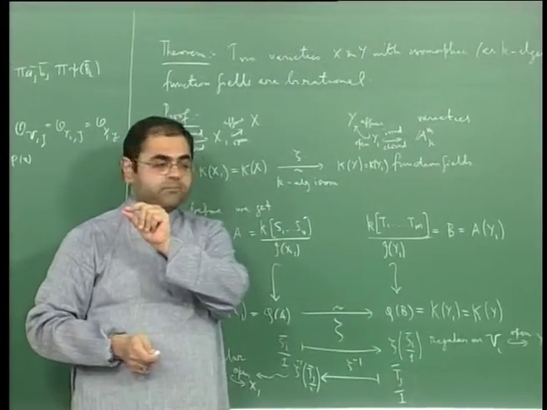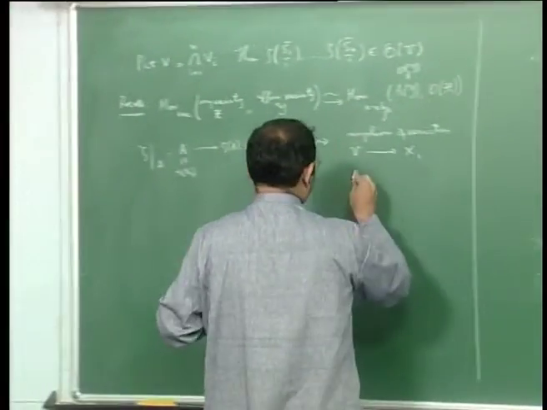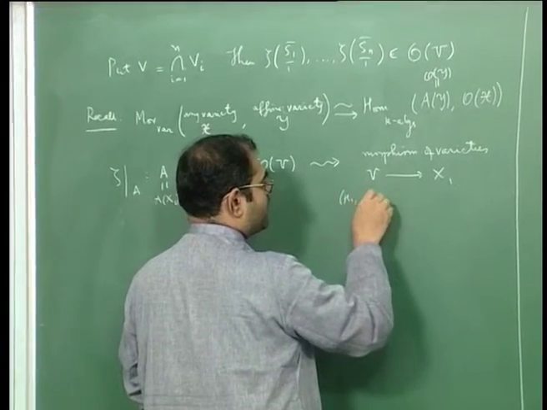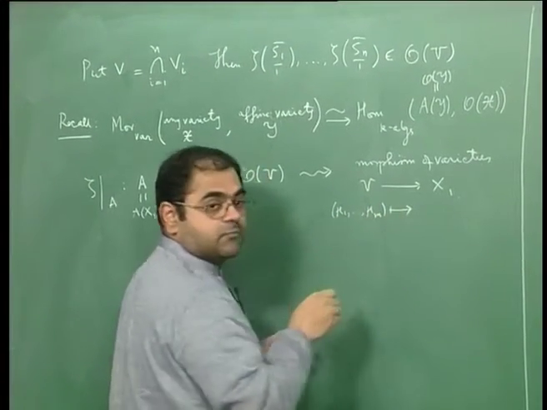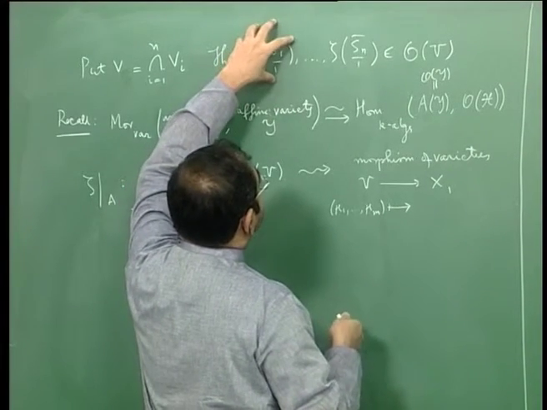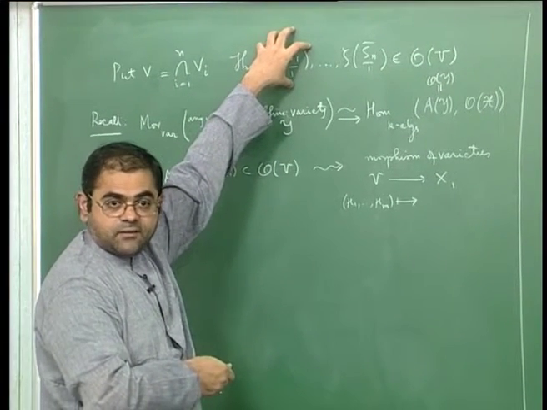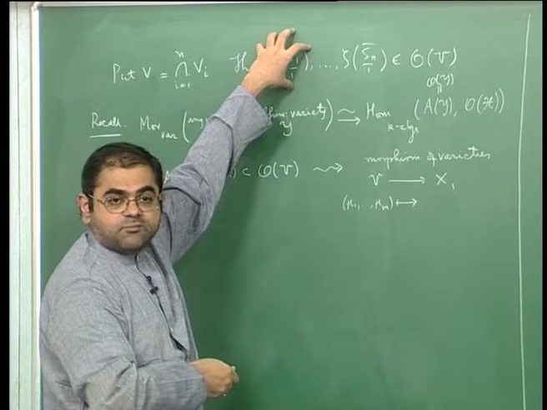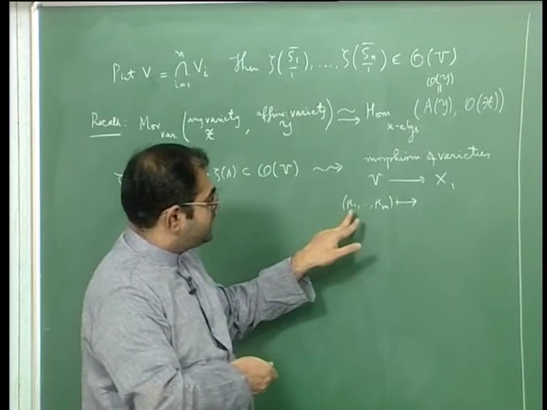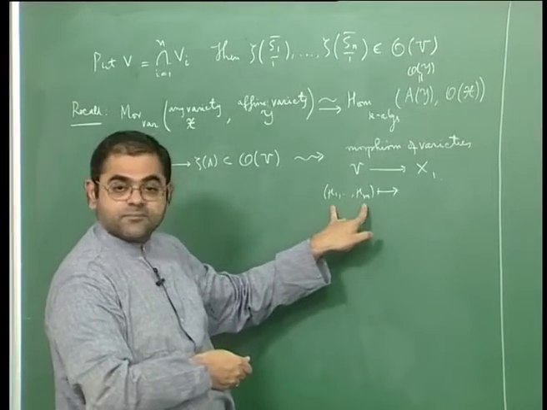So any point of V is given by m coordinates, and you just take this point of V with m coordinates mu1 etc mu m, and what you will have to do is send it to these, which are all regular functions on V, okay, alright, and therefore they are given by quotients of polynomials in m variables on V, and you substitute for those m variables these values, okay.